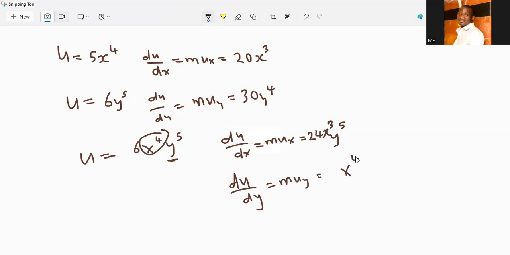So what are we going to remain with? 6y^5. What is the derivative of 6y^5? 30y^4, because we've multiplied this and that, so we're going to have 30y^4.